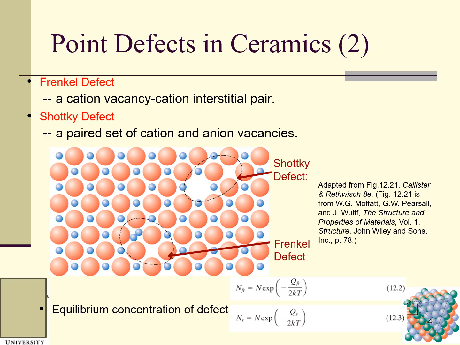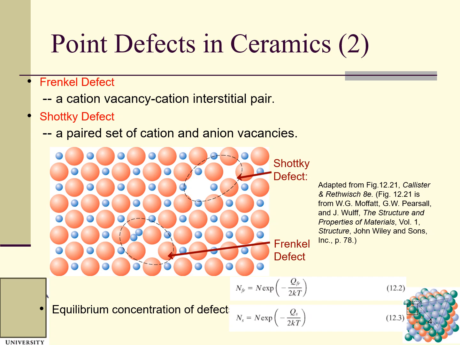Supposedly this cation should stay here, but for some reason it moved. Without loss of generality, we can just assume either one of these cations moved from this position to this position.